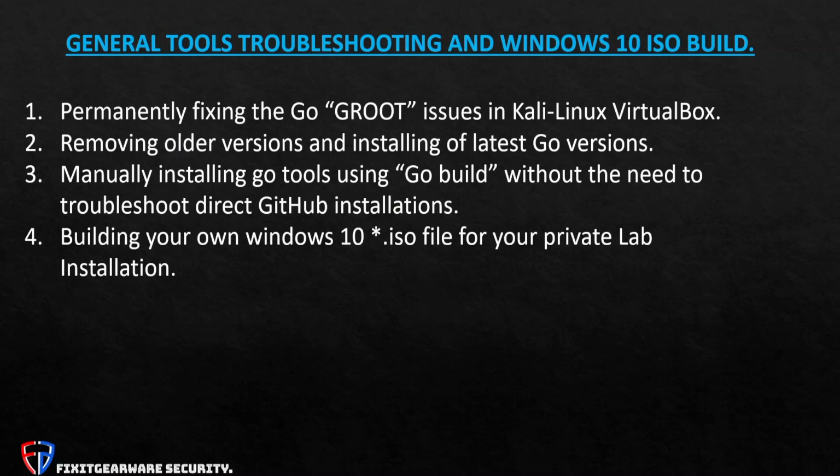Furthermore, we also believe that you should now be able to manually install Go tools using Go build, or alternatively, download the binary files from the author's repository and move them into your Go bin directory. And lastly, we have also demonstrated how you can build your own Windows 10 ISO file for your own private labs installation without the need of downloading this ISO file from untrusted and unreliable online resources.